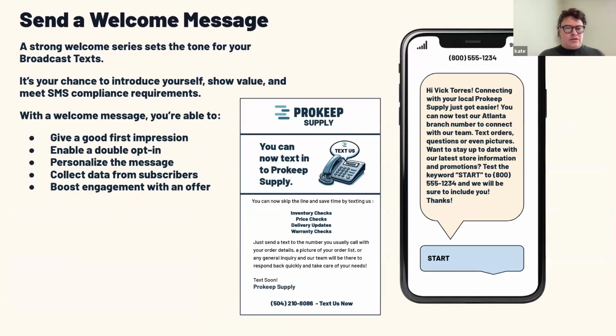Now, when doing this, again, that strong welcome message can be set up so that you are bringing awareness both to the branch line being enabled as a textable line now, but also calling out that single marketing line for your customers to utilize. So it gives that great first impression of, hey, we've enabled texting at the branch.